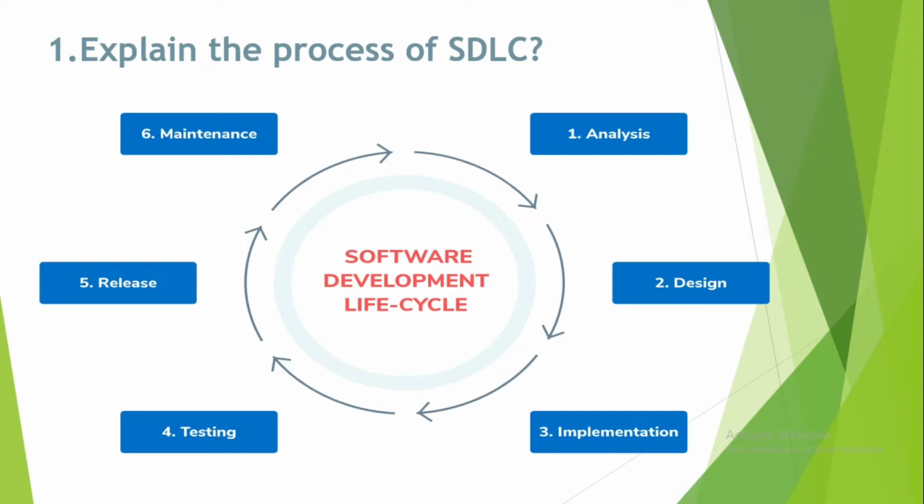After that, we create a SRS, and we give that SRS to the design team, and the design team creates a design for that particular project. After that comes the implementation process, in which we involve the coding and all these things.